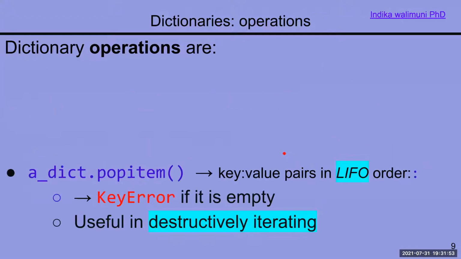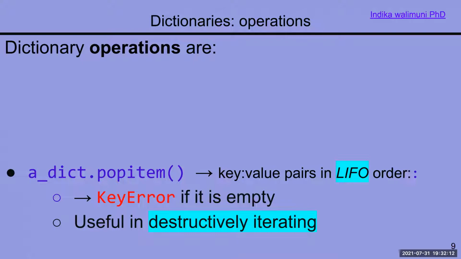We can also use popitem. Popitem returns key value pairs in LIFO order. What is this LIFO order? It's an acronym for last in, first out. Remember we said a dictionary has an order.